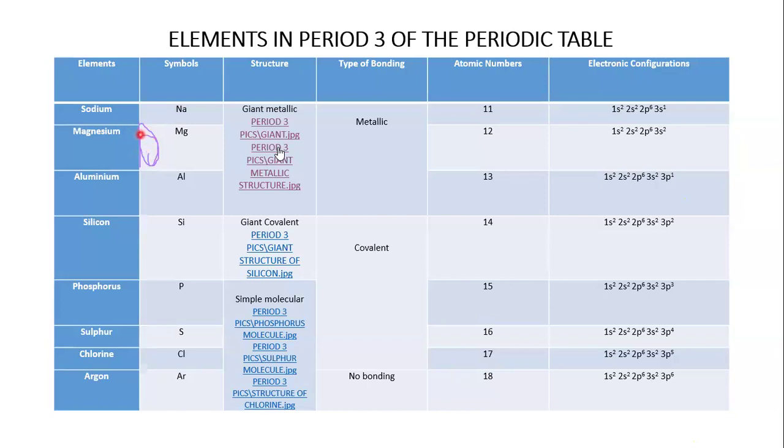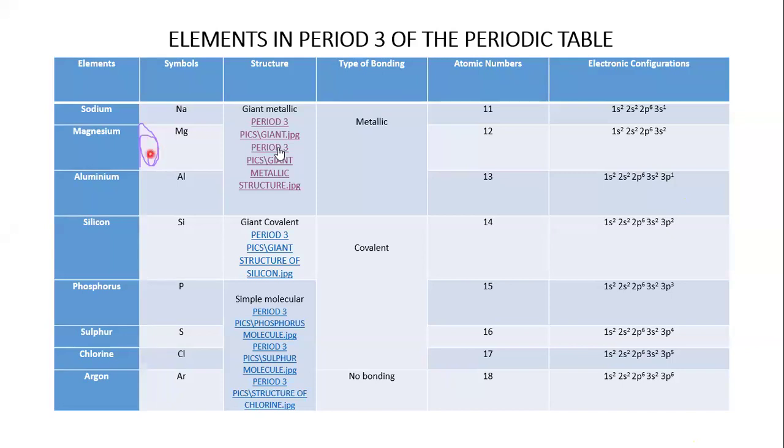You see, metal atoms bond with others by giving out electrons, such that they form electrostatic forces of attraction between the positive nuclei of the metal atom and the delocalized electrons.